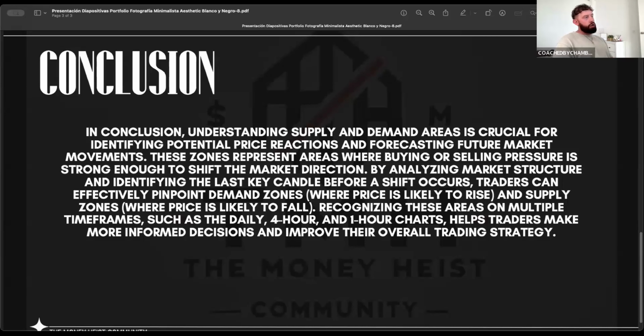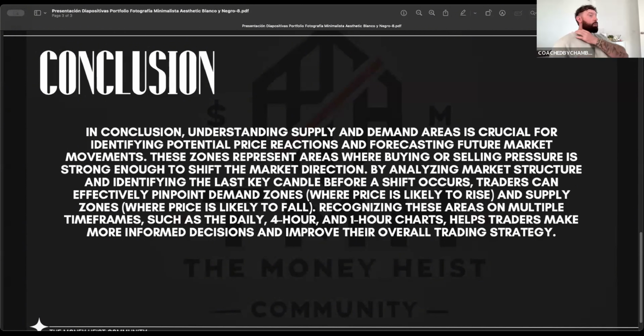So in conclusion, understanding supply and demand areas is crucial for identifying potential price reactions and forecasting future market movements. These zones represent areas where buying or selling pressure is strong enough to shift the market direction. So understand that by analyzing market structure and identifying the last key candle or consecutive candles before a shift occurs, traders can effectively pinpoint demand zones where price is likely to rise, and supply zones where price is likely to fall.